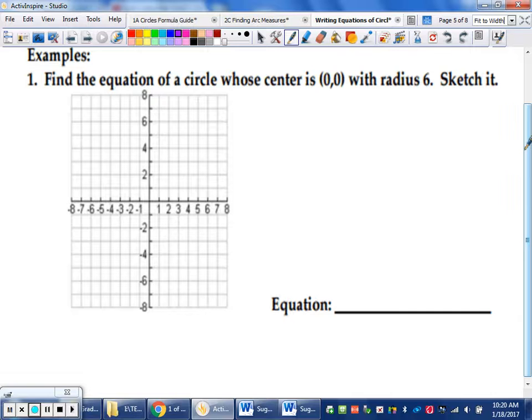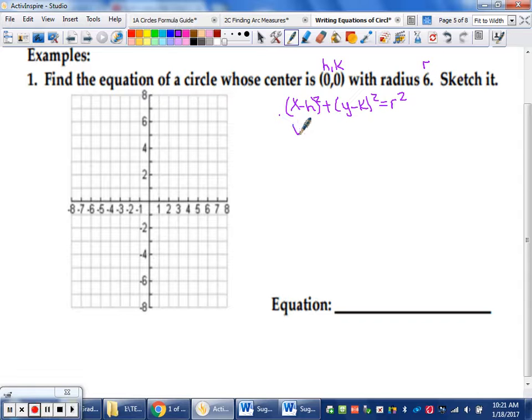For example, find the equation of a circle whose center is 0, 0 with radius 6. Again, my equation is x minus h squared plus y minus k squared equals r squared. 0, 0 is my h comma k, that's my center, and my radius is 6, so that's my r.